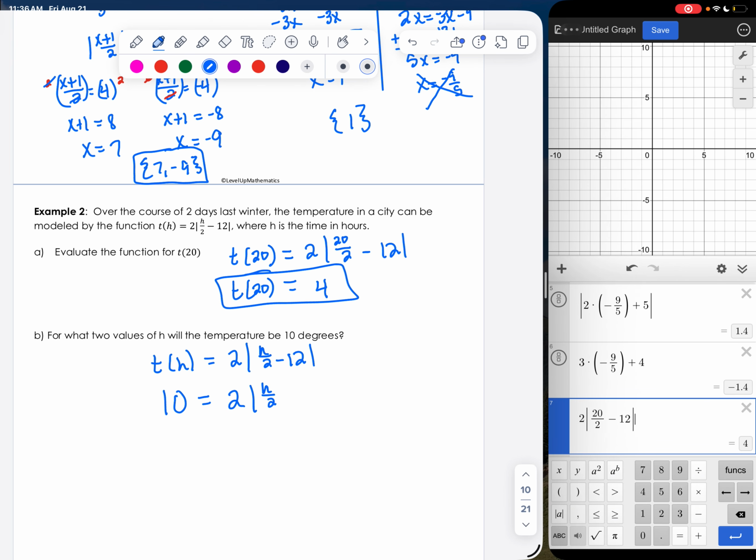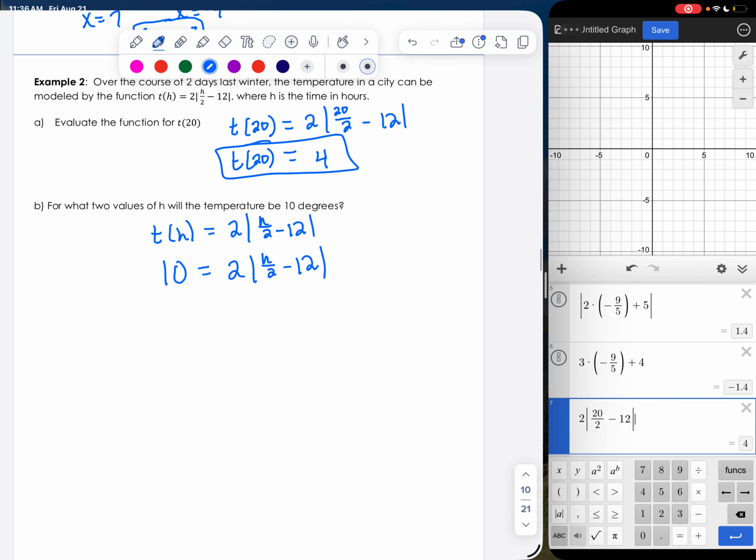So let me set it up here. Now, remember, before you can take the expression inside the brackets out, you have to isolate the absolute value symbol. So we're going to have to divide both sides by 2. So this will give us 5 equals absolute value of h over 2 minus 12.